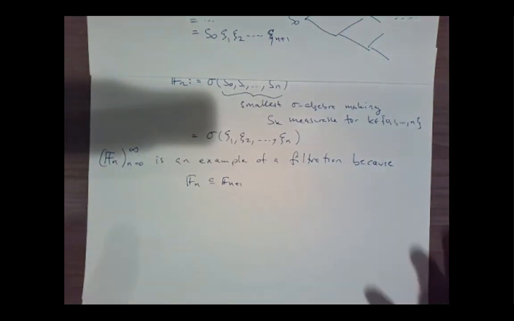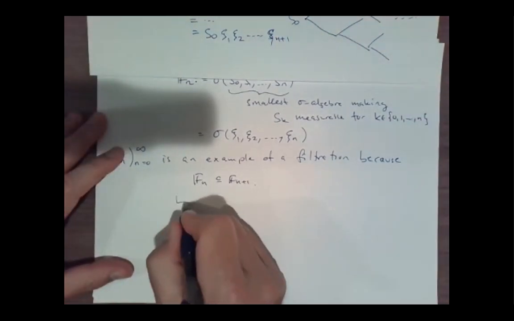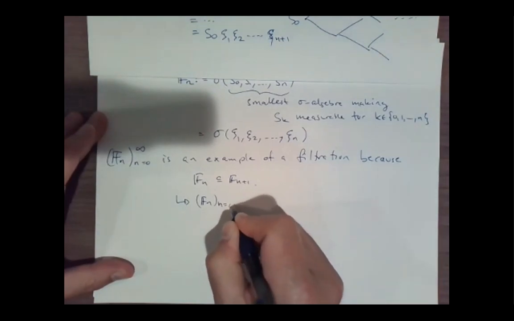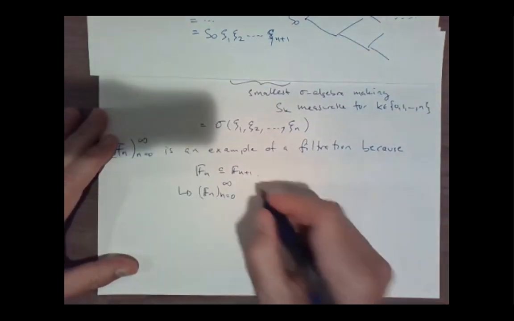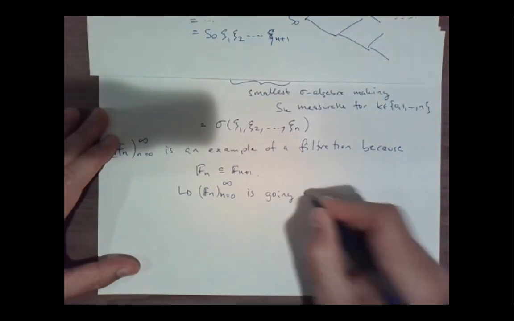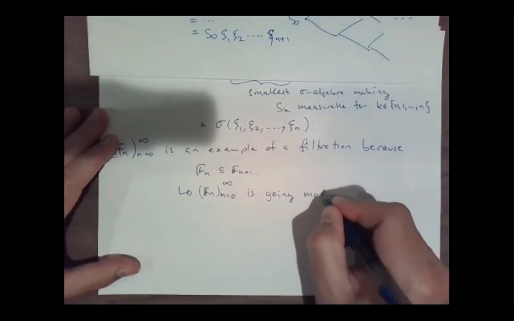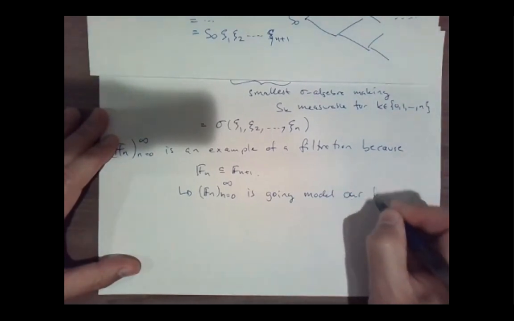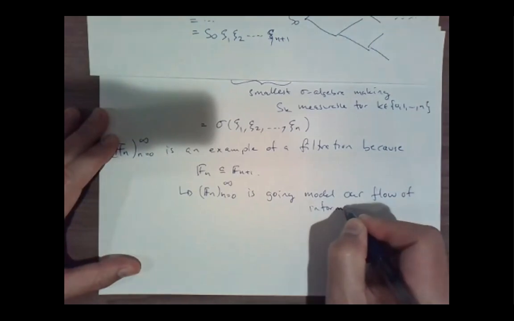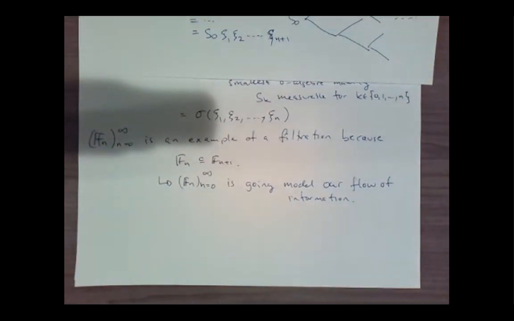And this Fn structure, this sequence of sigma algebras, is going to model our flow of information. That's how we're going to be thinking about the sigma algebra.